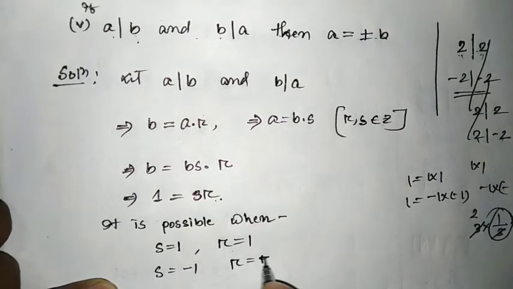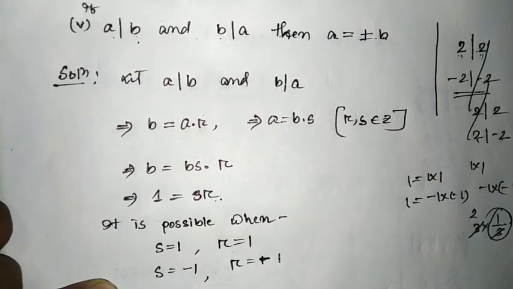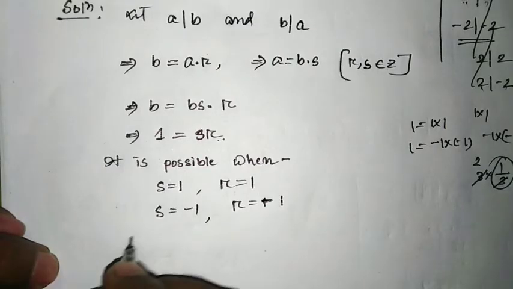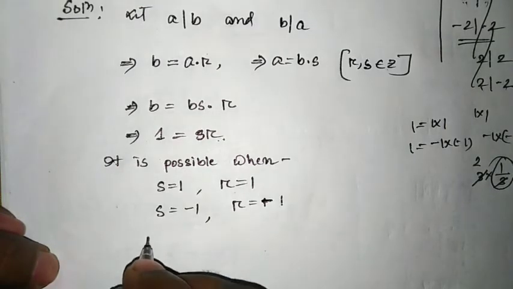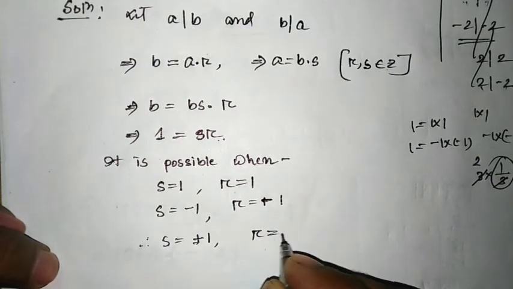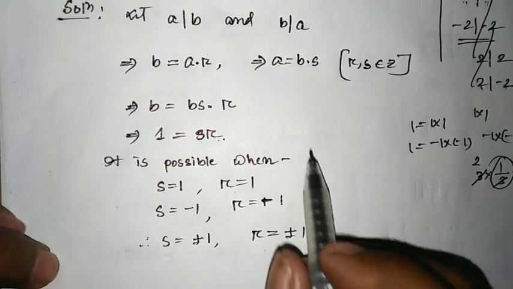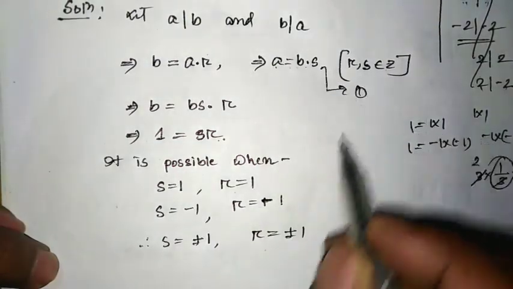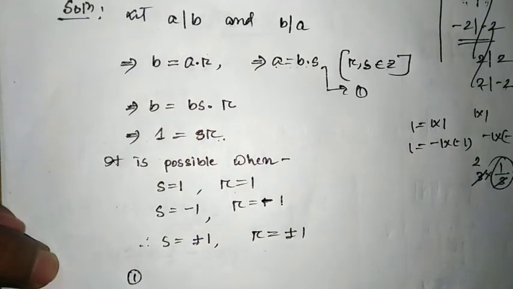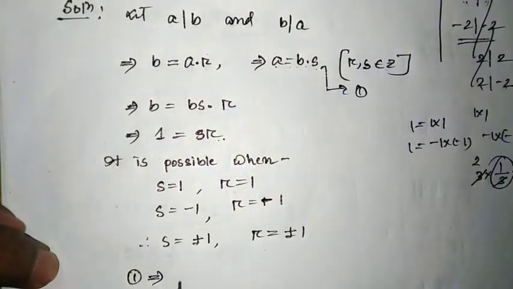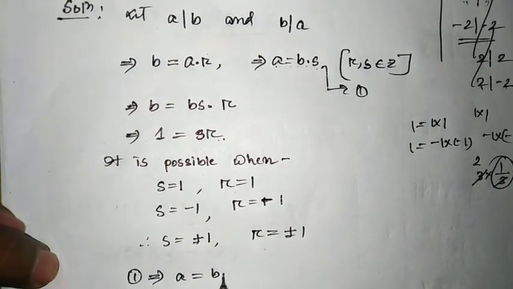So it is possible only when S is equal to 1 and R is equal to 1, or S is equal to minus 1 and R is equal to minus 1. For these two values, this is possible. So S is plus minus 1 and R is also plus minus 1.